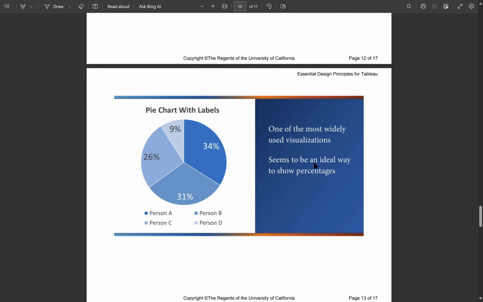Look at this graph. At first glance, we can see that a pie chart is a great way to show percentages. But we'll see why we should try to avoid pie charts as much as possible in a later slide.